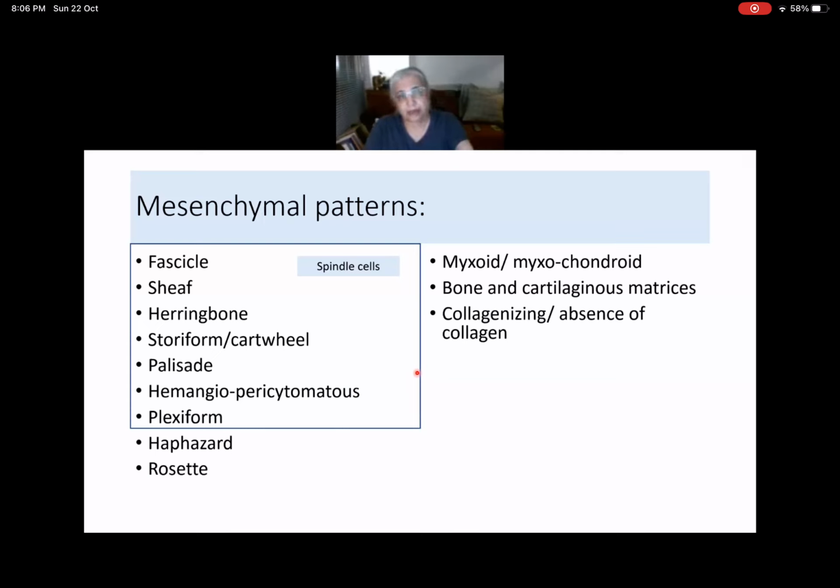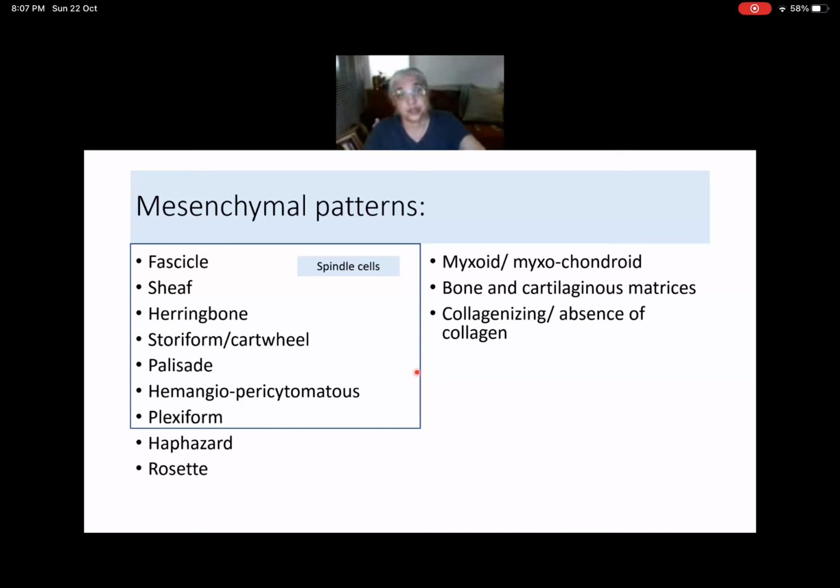All right, we'll see some mesenchymal patterns now. All of these have spindle cells in them. You can have other mesenchymal patterns which are haphazard or rosette-like, which have cells other than spindle cells, like stellate cells.